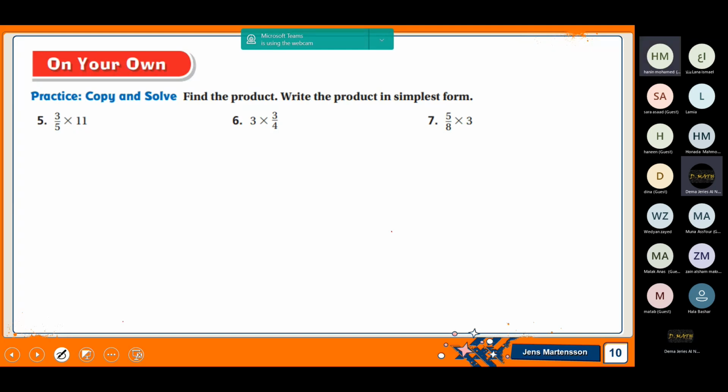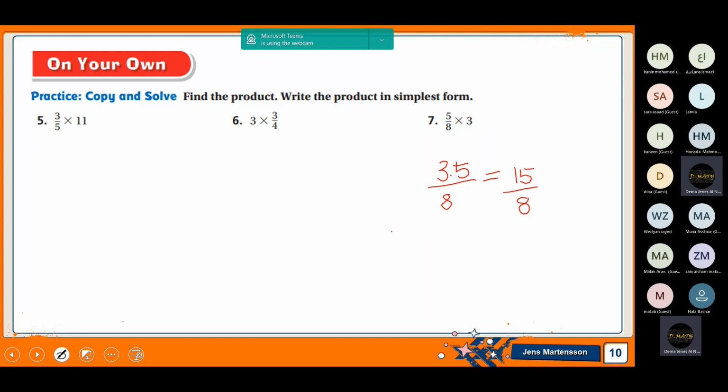It's 5. So 3 times 5 over 8. 3 times 5 is what? 15. 15 over 8.